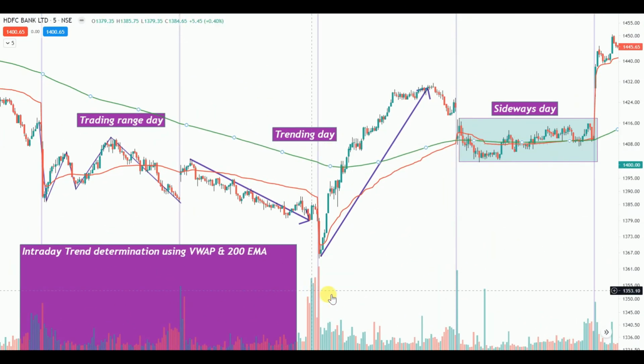We have seen that whenever price is trading far beyond the 200 EMA, as in this case, then generally it is a trending day. The stock gives trending momentum, and when price is trading very close to the 200 EMA, then generally it gives sideways movement.